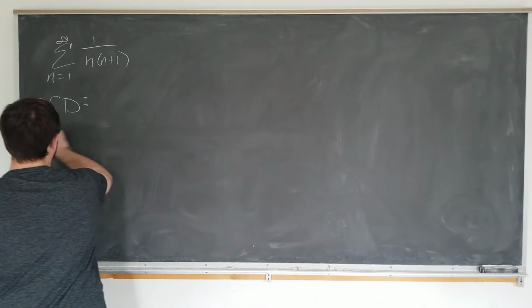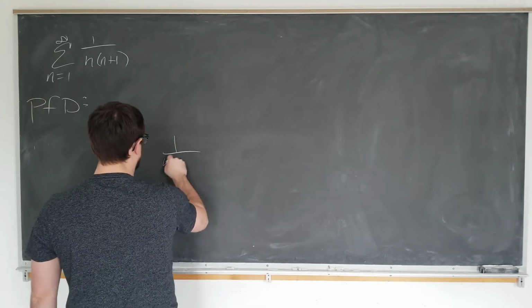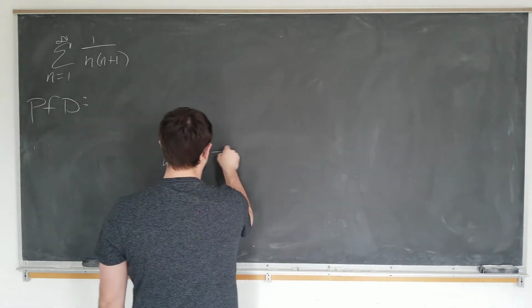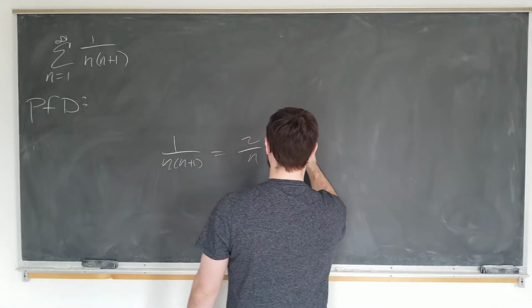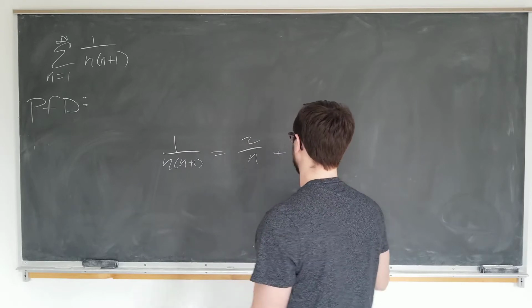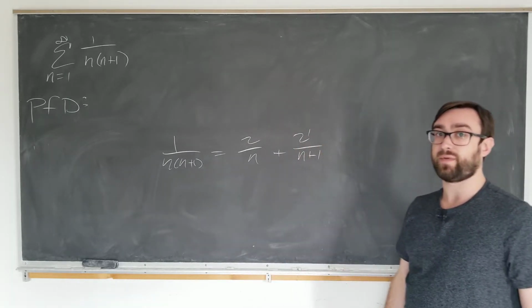What you want to do is break 1 over n times n plus 1 into something over n plus something else over n plus 1. And we can do this by making a guess.